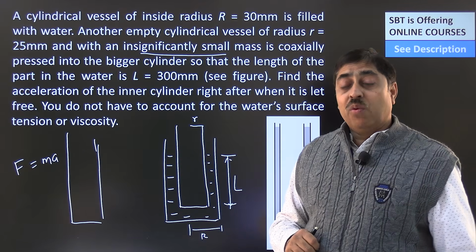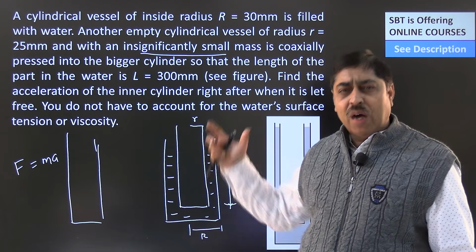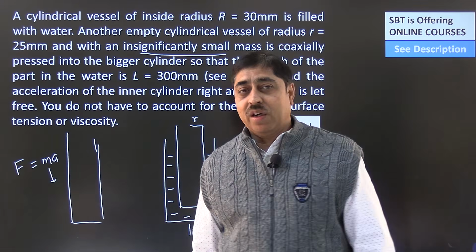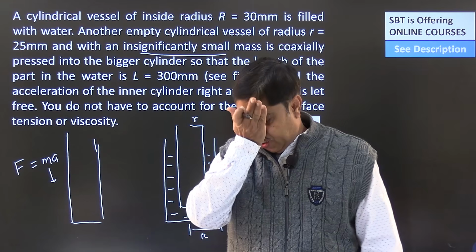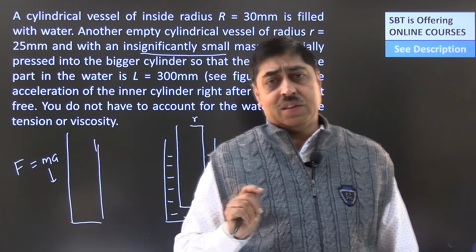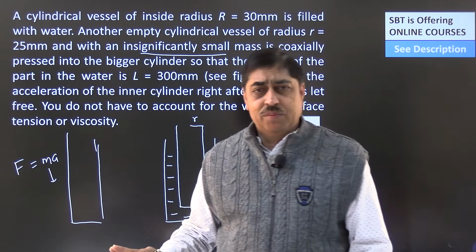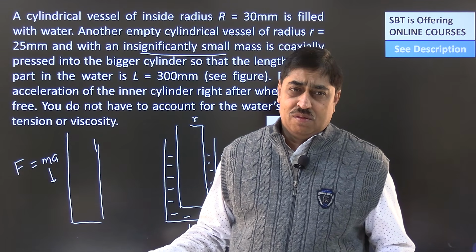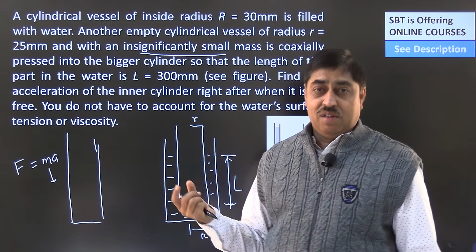I could have found the acceleration had I known the mass of this cylinder. If mass was a finite quantity, I might have tried to find the force acting on this cylinder, and using that, I might have calculated acceleration. But this route is basically closed because mass is tending to 0. So for any finite force acting on this cylinder, the acceleration would become infinite.